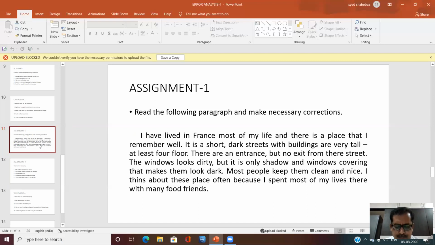And I read again. I have lived most of my life in France, and there is a place that I remember very well. It is a short, dark street with very tall buildings, at least 4 floors. There is an entrance, but has no exit from the street.